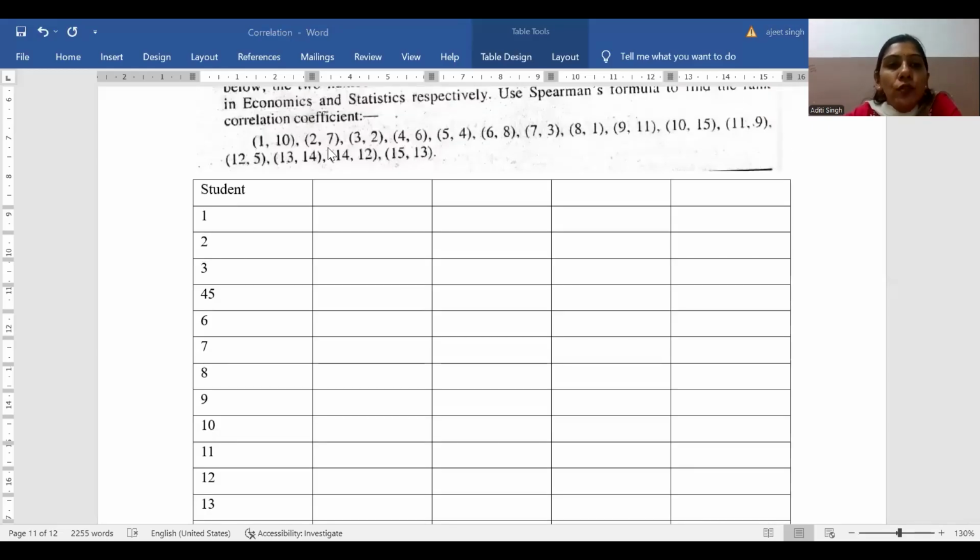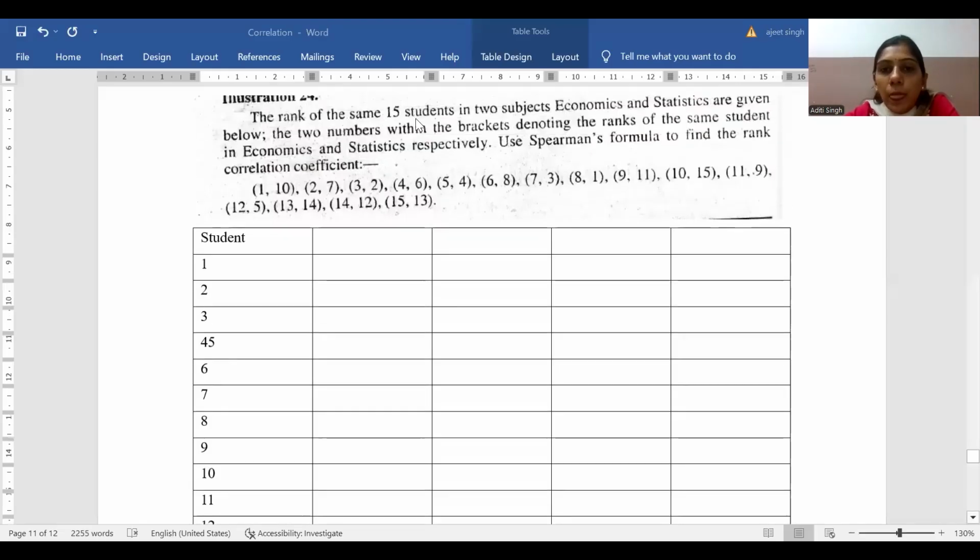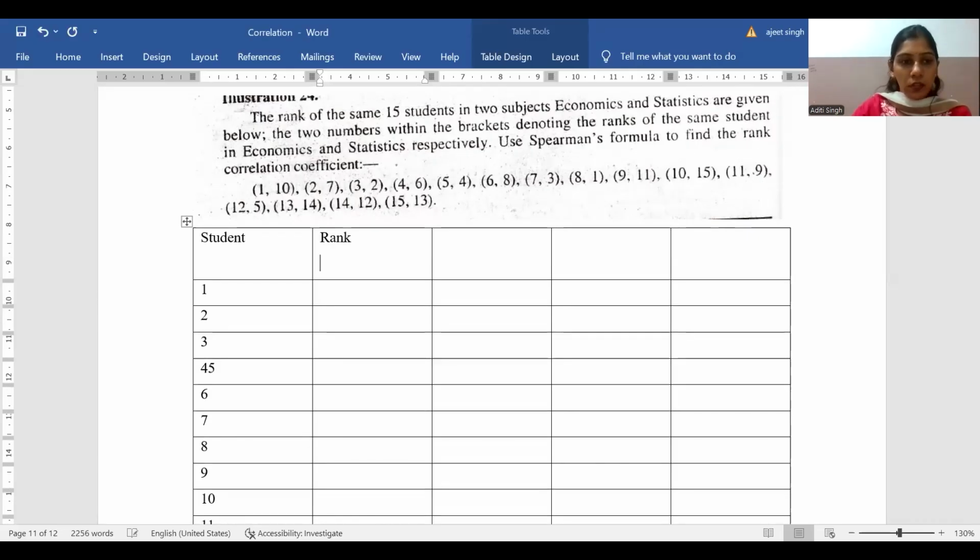We have to give the rank of every student in economics and statistics. Let's denote the rank in economics by Rx.